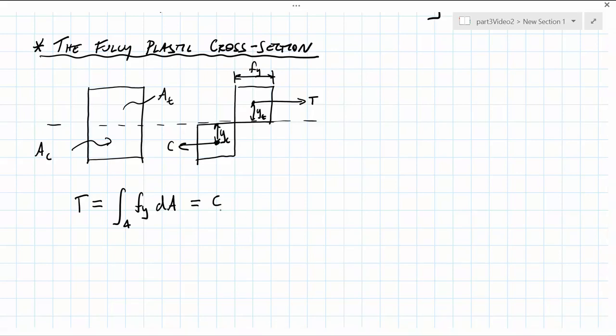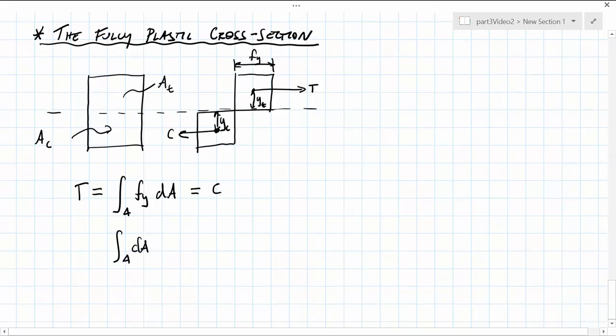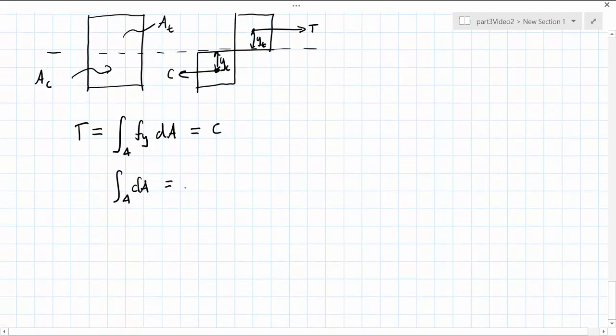For a constant yield stress, we can then say that the integral of dA is equal to the tensile area, which is also equal to the compression area.